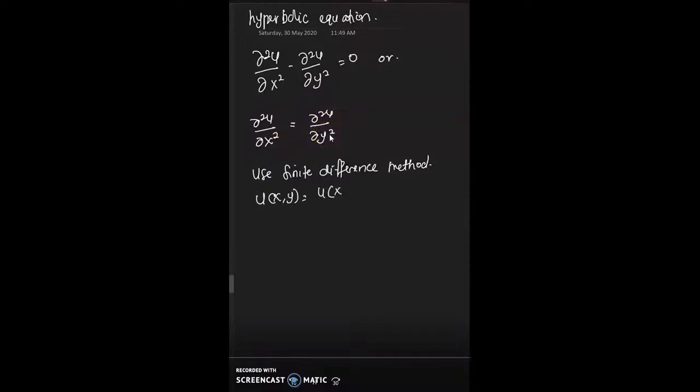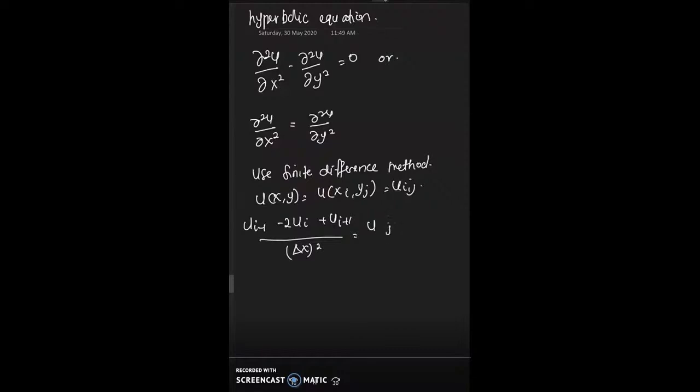Similar. You apply 5.11 in chapter 5 for the second order derivative with respect to x and y. You change u(x, y) coordinate to the grid u_ij. When you do the derivative with respect to x, you change to u_i+1 and u_i-1, divided by delta x squared.